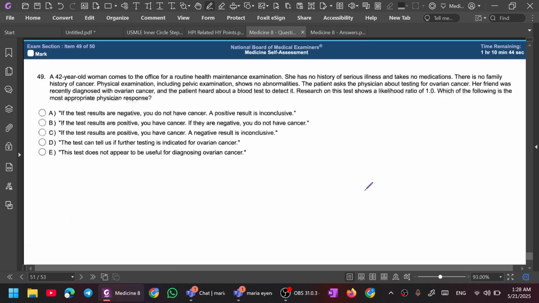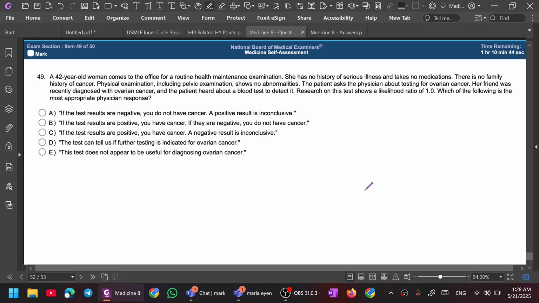Question 49. A 42-year-old woman comes to the office for a routine health maintenance examination. She has no history of serious illness and takes no medication. There is no family history of cancer. Physical examination, including pelvic examination, shows no abnormality.